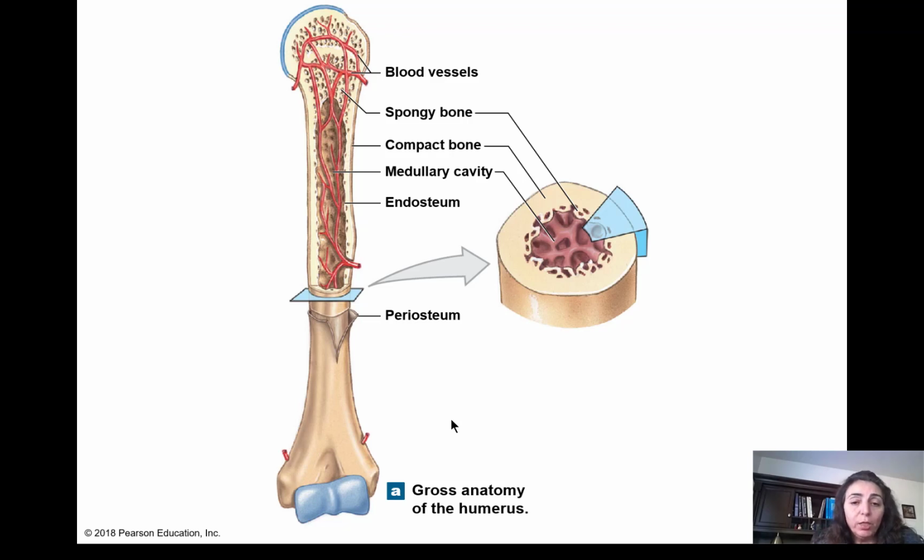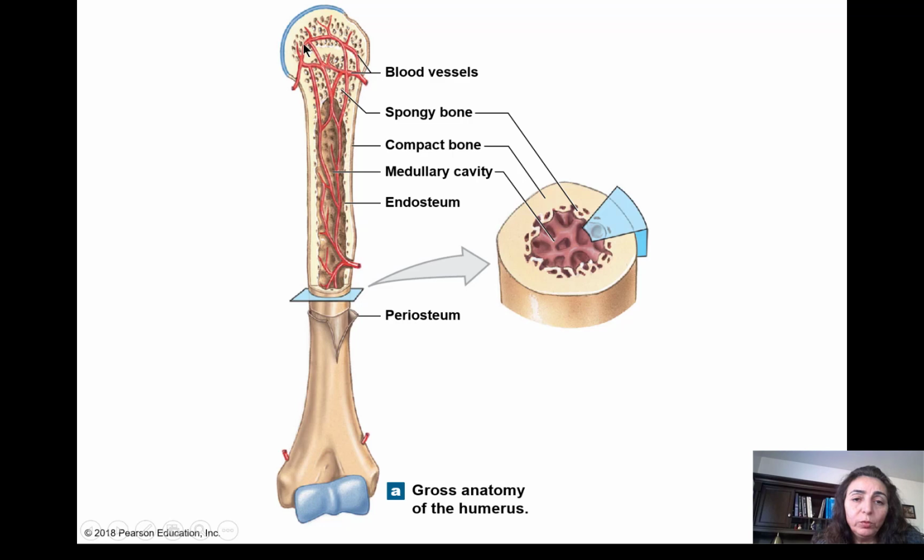Here in this picture, you see those parts. You see a long bone here that has lots of blood vessels. On the outside of the bone, you have one layer of compact bone all around, but it is thicker in this middle part, that is the shaft or body of the long bone.